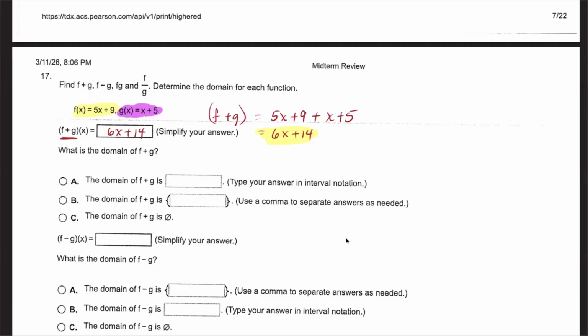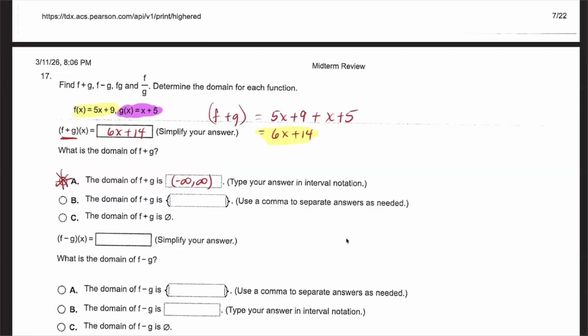So then what would be the domain of this function? Negative infinity to positive infinity, exactly. So you're going to choose the one that lets you put your answer in interval notation. The domain of this function is from negative to positive infinity because it's a polynomial.